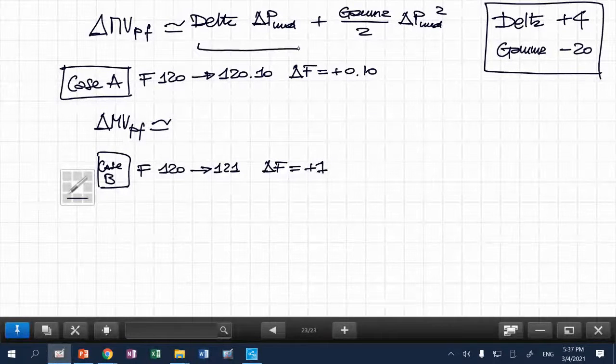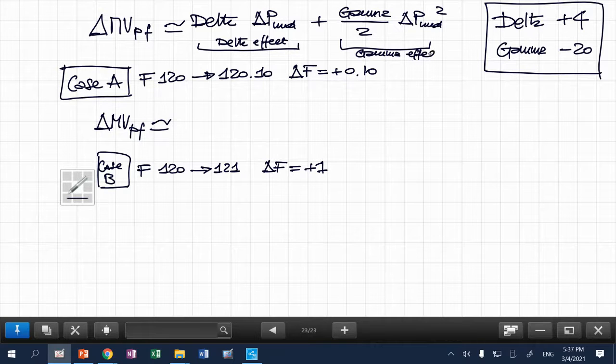So let's say this is the delta effect, and this is the gamma effect. The delta effect would be simply equal to 4, which is the delta, multiplied by 0.10, okay? So based on delta only, I would expect to make 40 cents, okay?